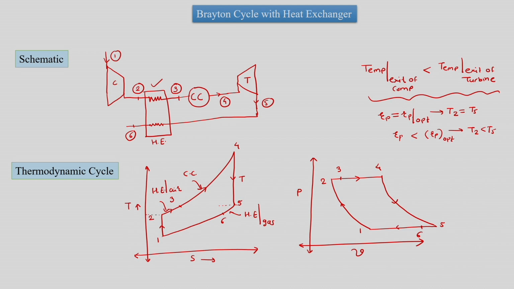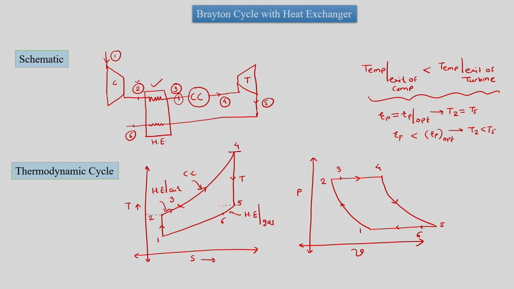The idea of putting in a heat exchanger is that instead of passing the air from station 2 into the combustion chamber and heating it to 4, we pass it in at station 3 to heat it to 4. So practically the mean temperature of heat addition increases. Instead of the air being heated from 2 to 4, it is heated from 3 to 4. So the mean temperature of heat addition has increased.